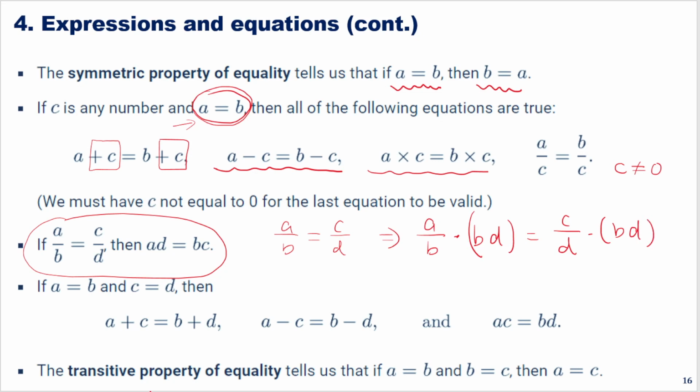Of course, B and D are in the position of denominator, so both of them are not 0. So this number BD is not 0, right? Then we can cancel a B here, cancel a D here. This gives us AD equals CB, or BC, right? You follow me?